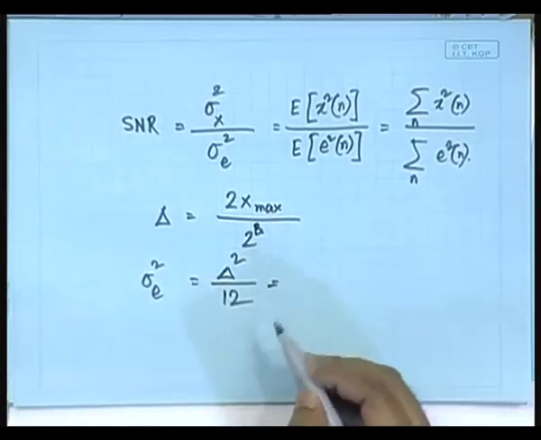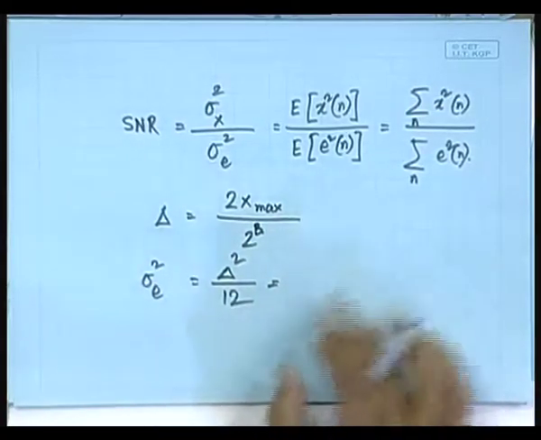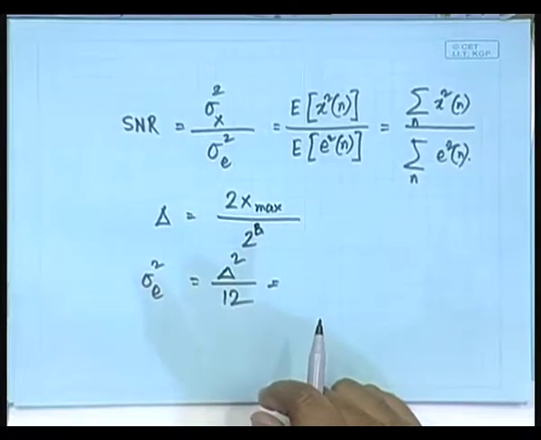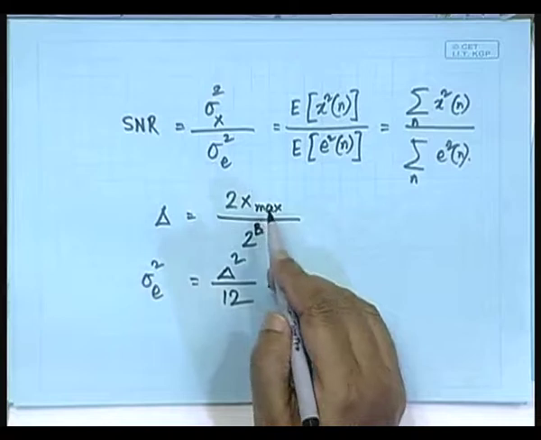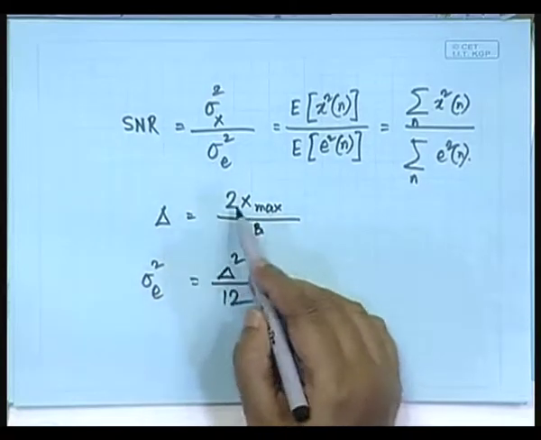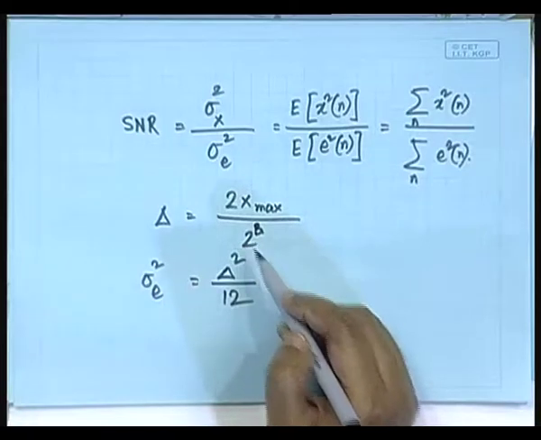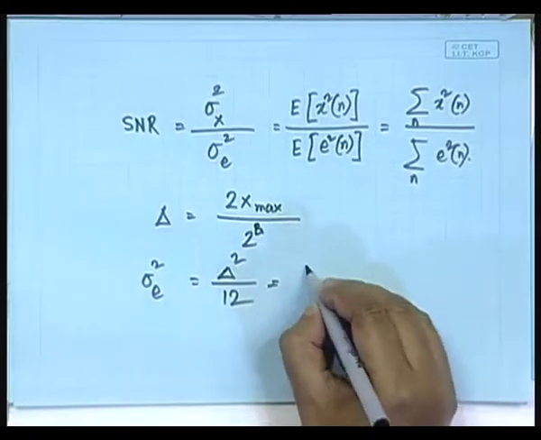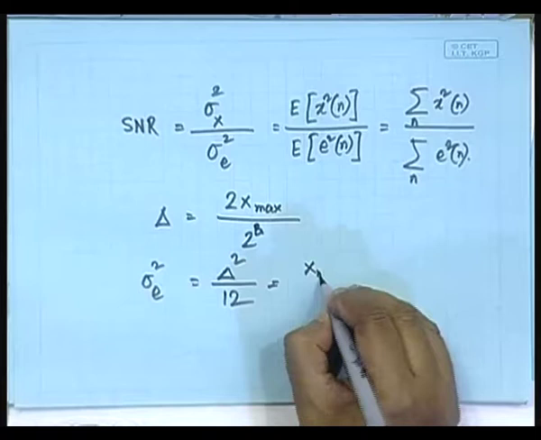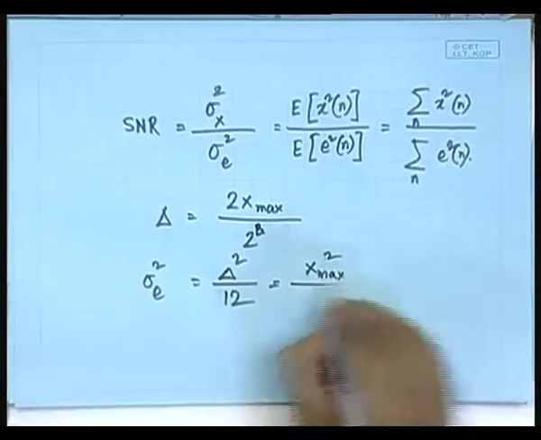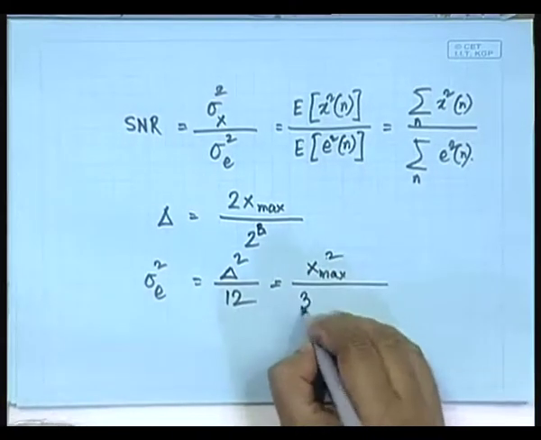That is how it comes for the uniform PDF case for the quantization error, and this is going to be expressed as, if we just substitute this expression, that is instead of delta if we write 2 x max by 2 to the power b, in that case, we directly get it as x max square divided by 3.